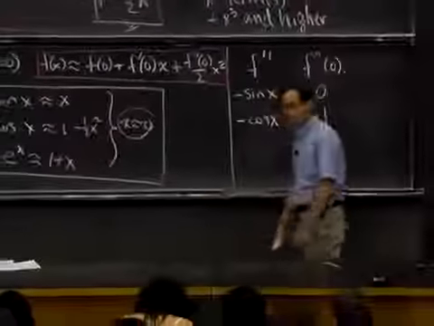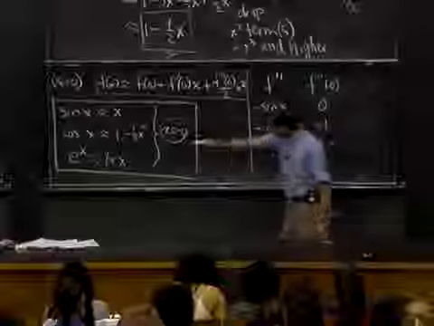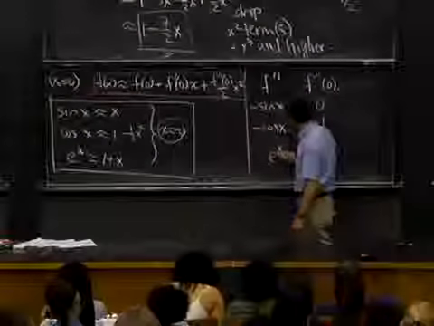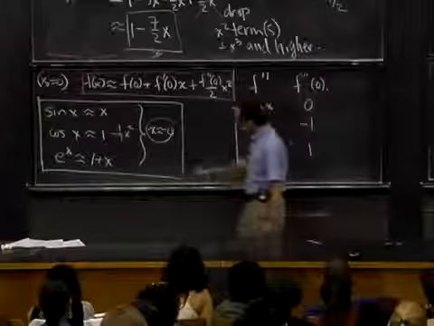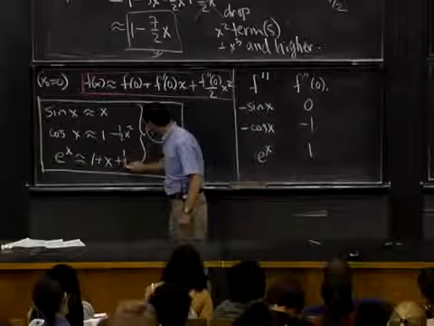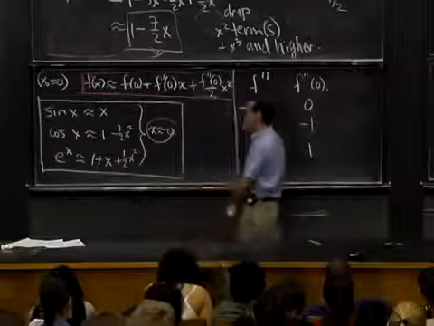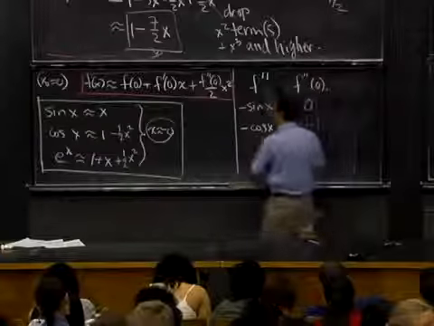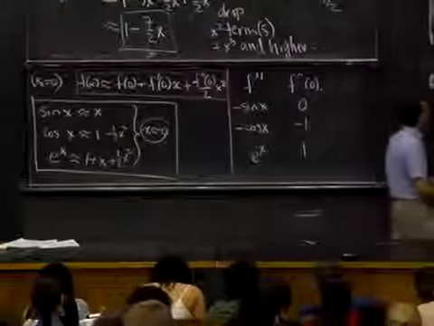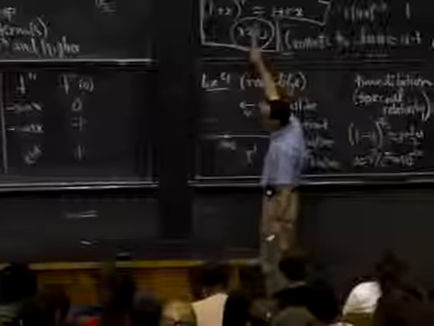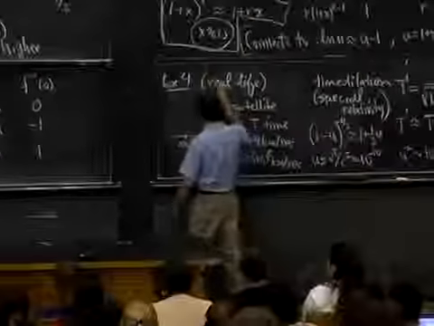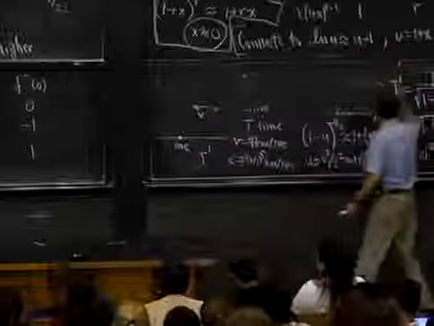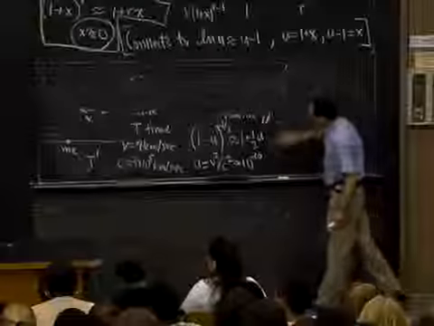All right? And if you do it for e to the x, you get an e to the x, and you get a 1. And so you get a plus a half x squared here. All right? Now, I'm going to finish these two in just a second, but I first want to tell you about the geometric significance of this quadratic term.